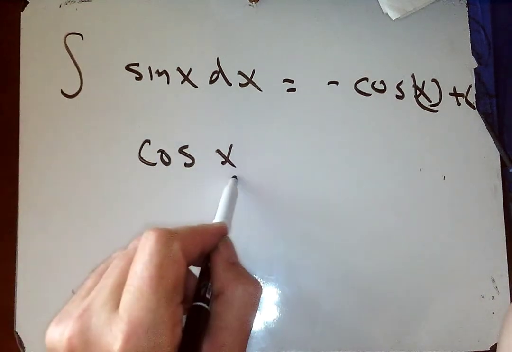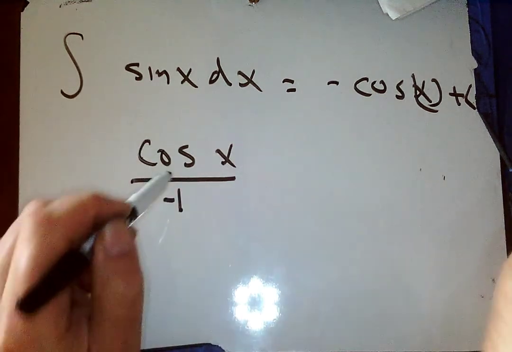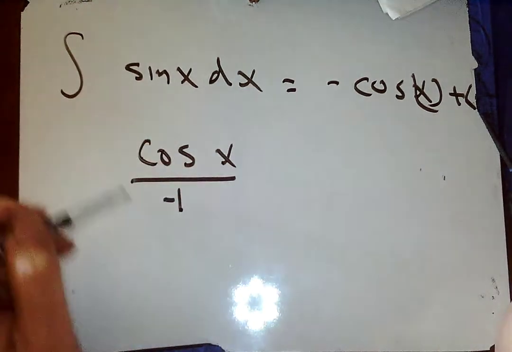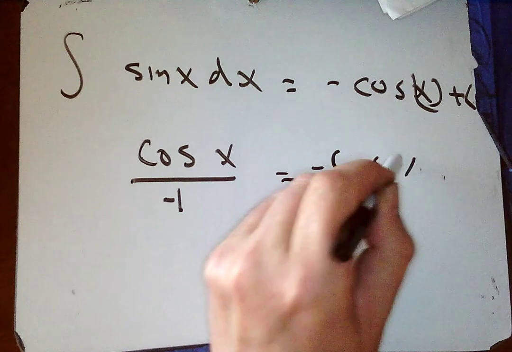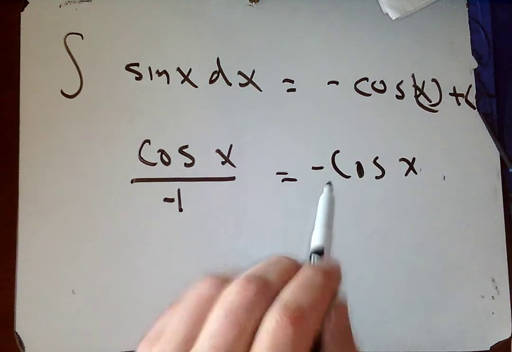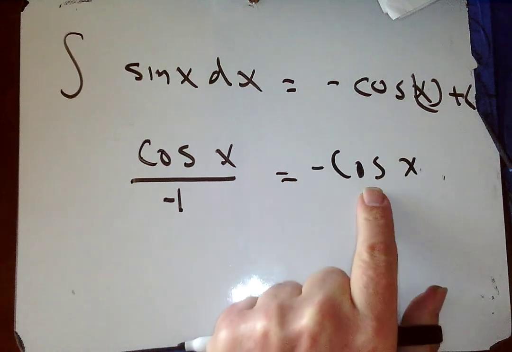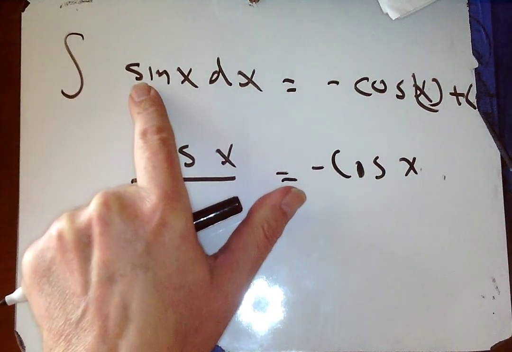So there must have been a negative present in the original situation, so that when I took the derivative of this and said, okay, the derivative of cosine is minus sine, times minus gives me positive sine.